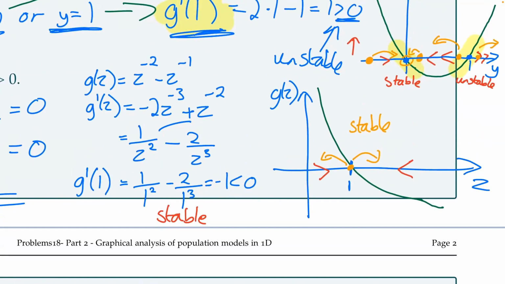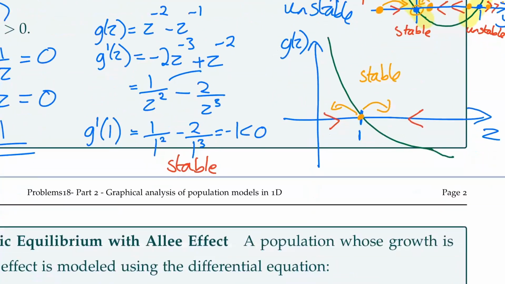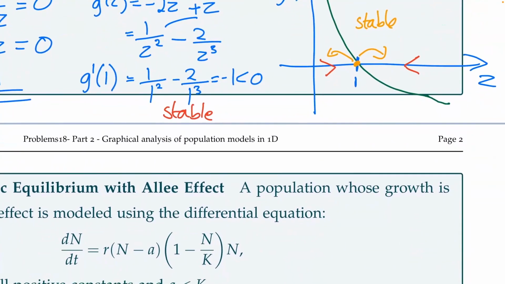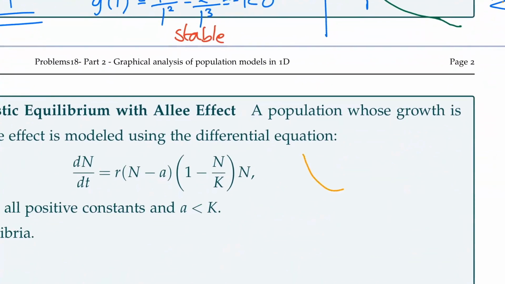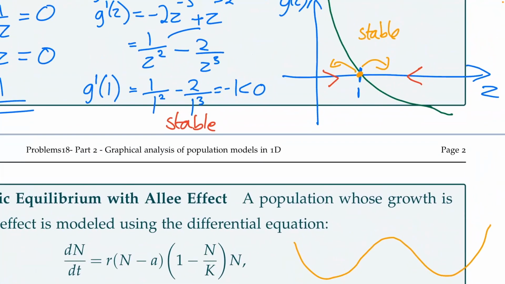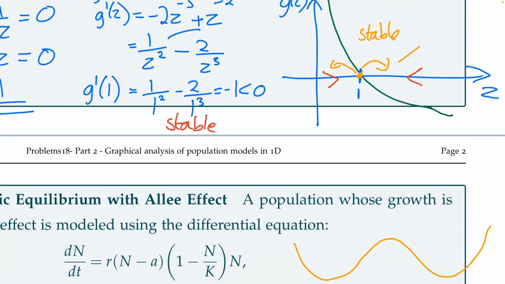One thing you might have noticed whenever you're doing these systems, especially when we looked at the Allee effect ones, which we're going to do now, we're always going to alternate between stable and unstable fixed points, okay? So you can't have two stable fixed points next to each other. You can't have two unstable ones next to each other, okay? Because the stability is determined by the sign of the gradient as you cross the axis here.